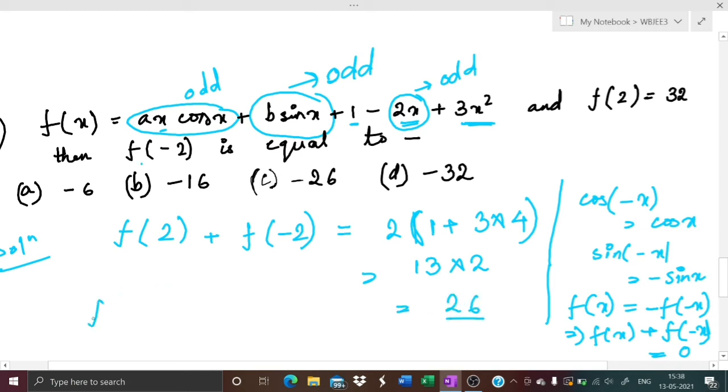You have to find f of minus 2, that would be equal to 26 minus 32, that is equal to minus 6. So the correct option is option A.